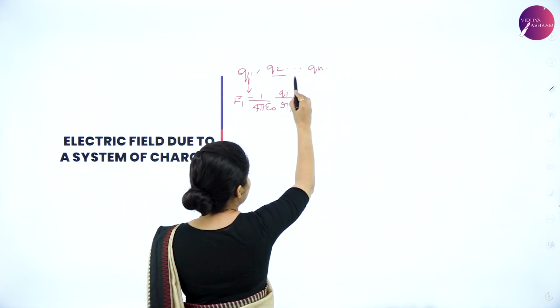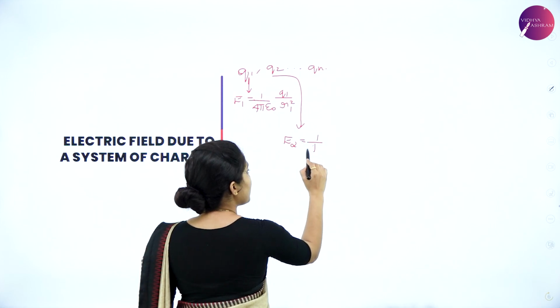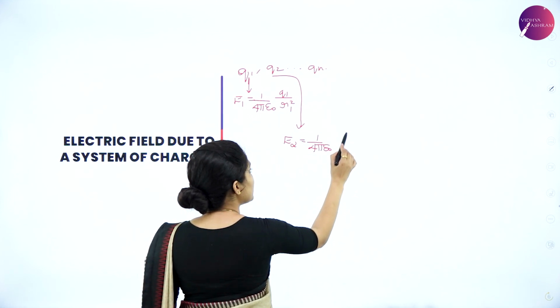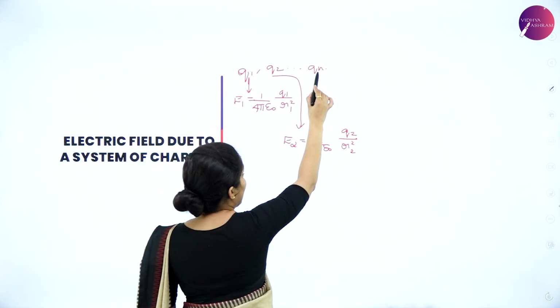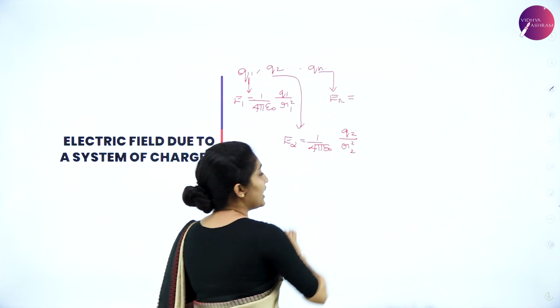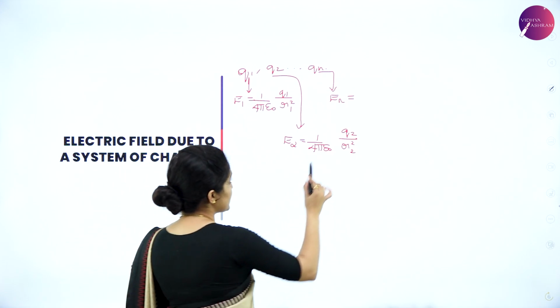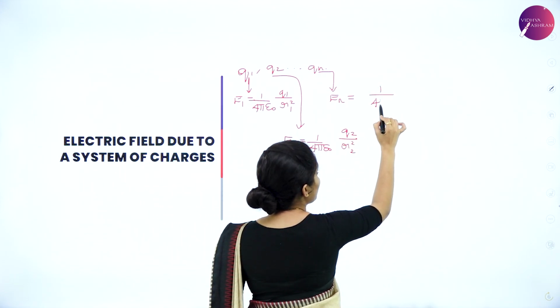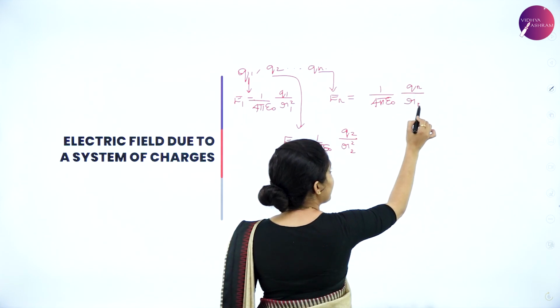And electric field due to Q2 is given by E2 is equal to 1 by 4 pi epsilon naught Q2 by R2 square. And it goes up till En, that is nth electric field due to nth charge. En is equal to 1 by 4 pi epsilon naught Qn divided by Rn square.